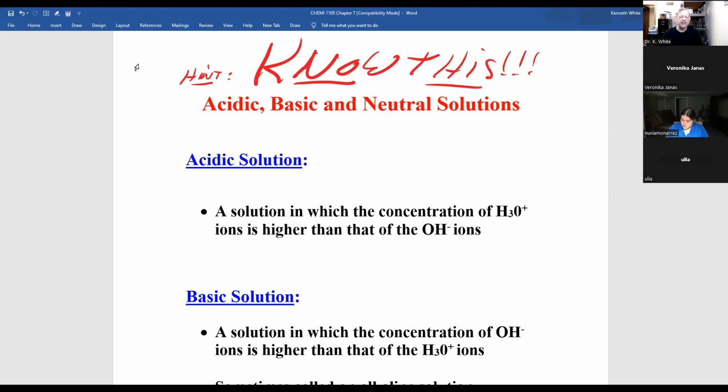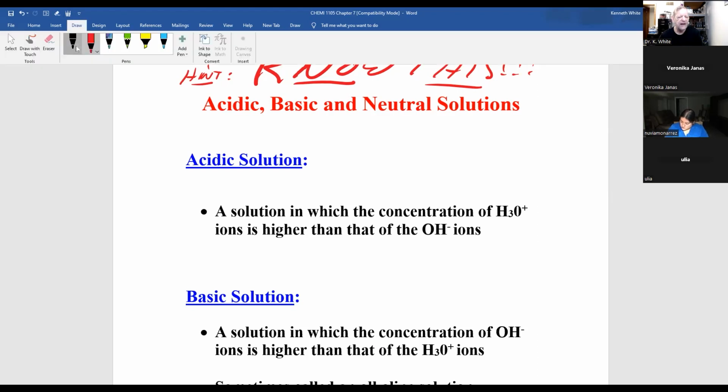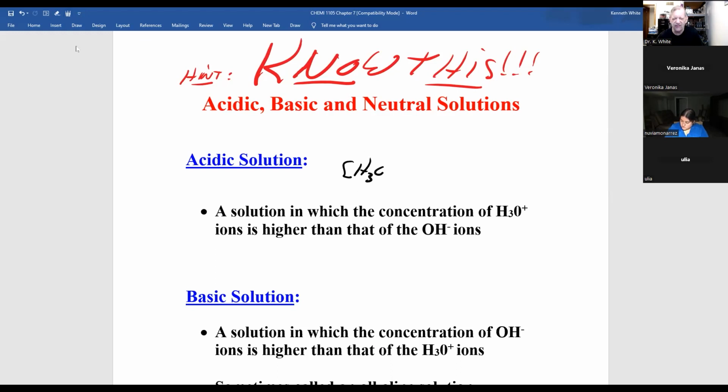What is an acidic solution? You should know this. An acidic solution is where the hydronium ion concentration, H3O plus, is higher, and I'll show you symbolically, that arrow going that way means in math greater than, the hydroxide ion concentration.